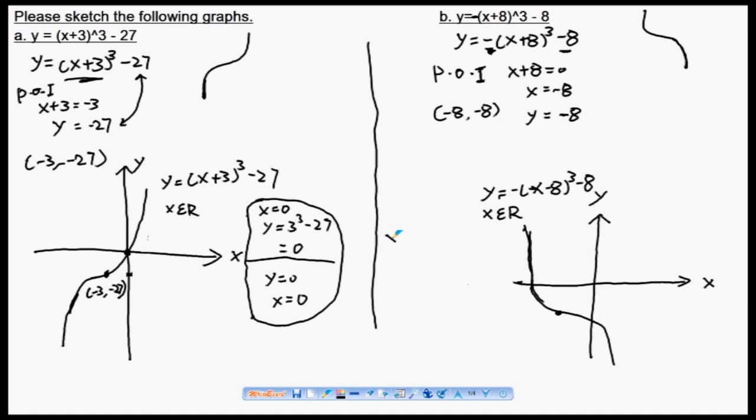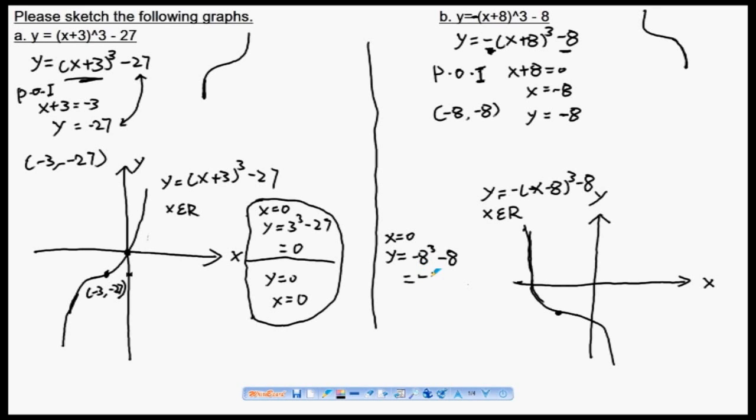We assume x equals 0 to find the y-intercept. So our y-intercept is minus 8 cubed minus 8, which is, no, it's minus 520.